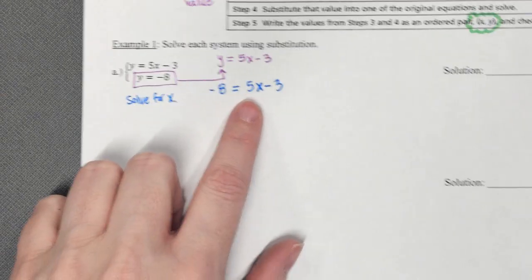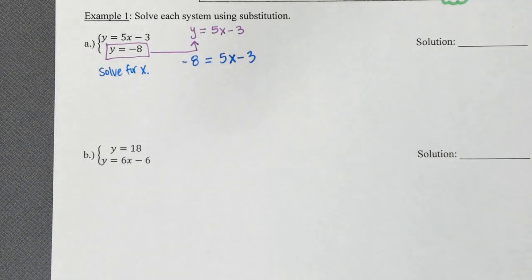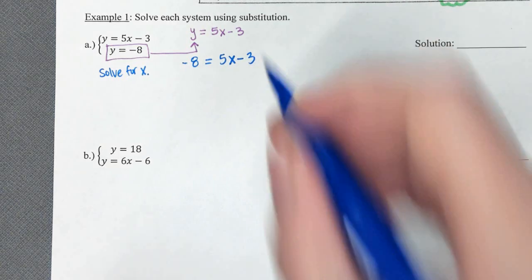If I'm going to solve for x, what should I do first to get x by itself? We are going to divide second. There's one thing we have to do first. Yep, the first thing we're going to do is add 3.